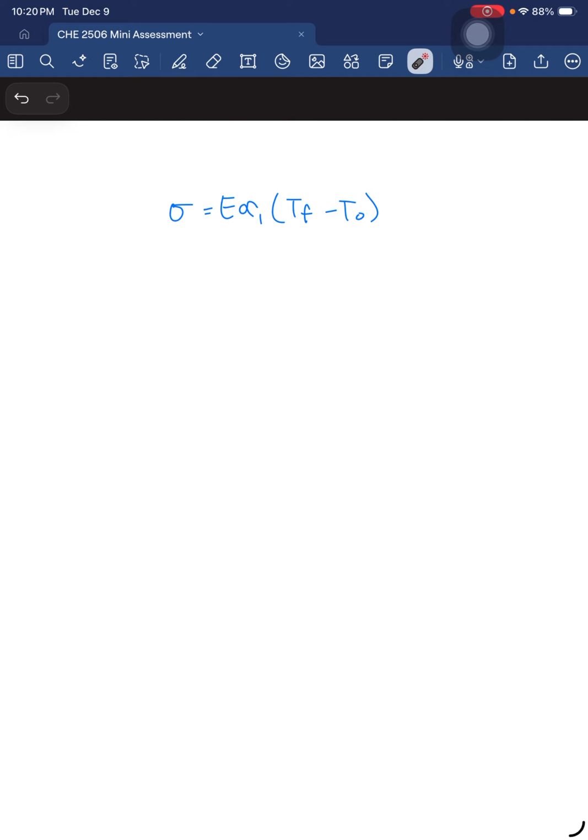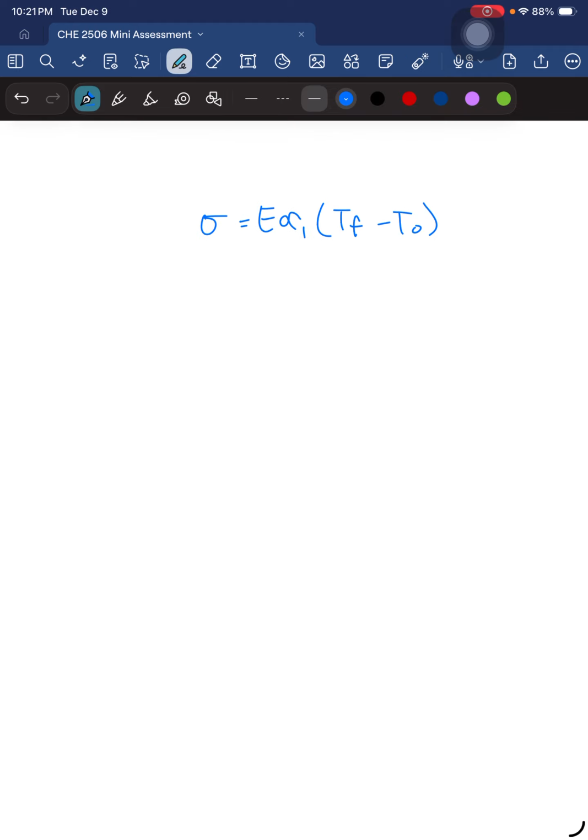Now let us write the formula. So we have sigma equals Young's modulus, coefficient, and our change in temperature. Now we are going to be solving for the final temperature, remember? So we will solve for that step by step. What we're going to do is isolate TF, so we divide both sides by E and the coefficient.